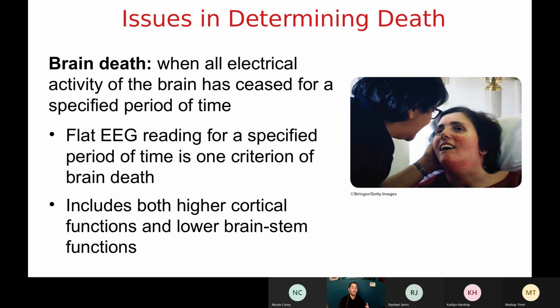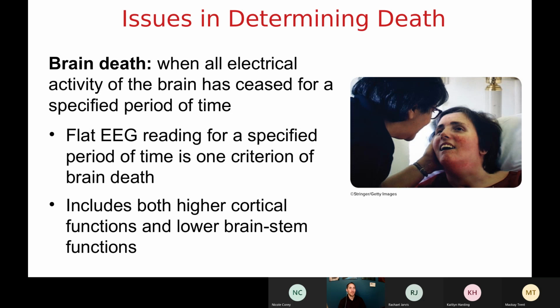So with that, legally in many places in the US, brain death is considered both the higher cortical functions, the wrinkly part of your brain, this upper portion, and then lower brainstem functions are those things that are going on right here that are keeping you alive, keeping your heart pumping and things like that. So in many, many places, the definition of death is the lower and higher brain functions. Generally, the higher brain functions would go and the lower could stay.